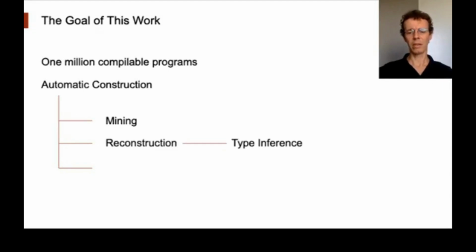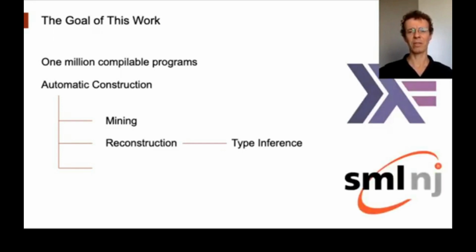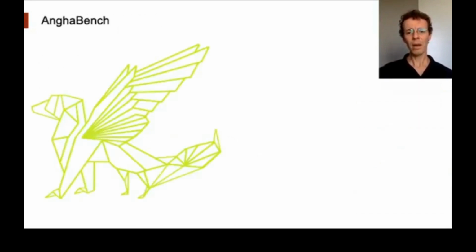For this process of reconstruction, we use type inference, and that's pretty much the same style of type inference that's used in functional programming languages such as Haskell and SML. And in the end, all this process gives us AnghaBench, the largest collection of compilable C programs publicly available today. This collection is available at our website.